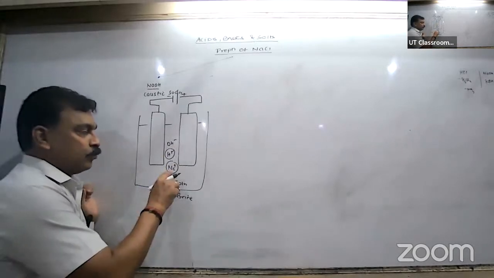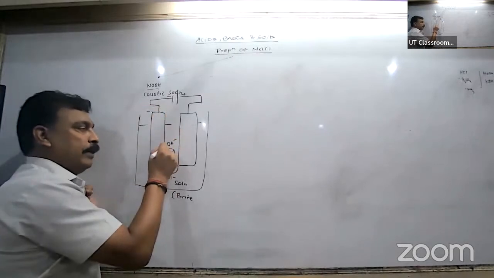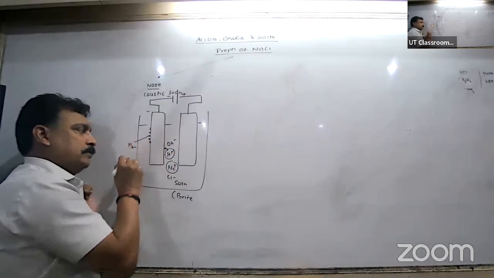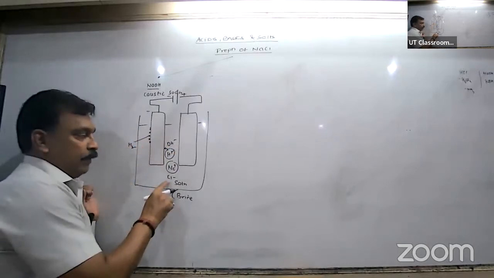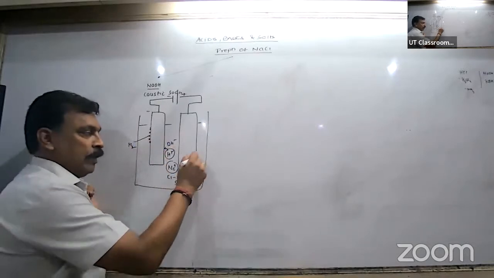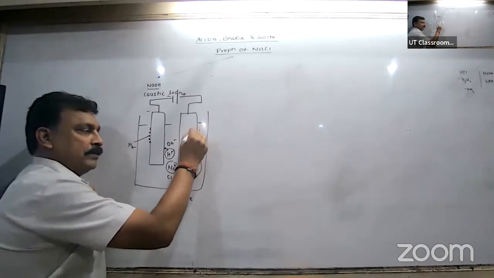Means, in front of sodium ion, H plus ion is more reactive. It will go towards the cathode and finally get discharged, and you'll find some gas bubbles coming out. What is that? Hydrogen gas. In front of OH minus, Cl minus is active, and therefore it will go there, and will undergo loss of electron.